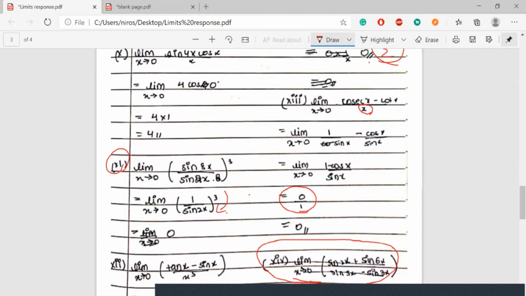So what it is, maximum 90% are correct. The solution, how the procedure and all. Just we are missing small mistakes. That's it. Here there is x in the question, but you eliminated x in the next step. Where is this x in the next step?